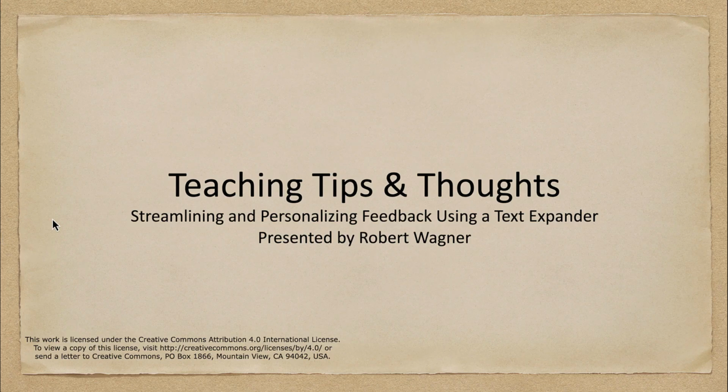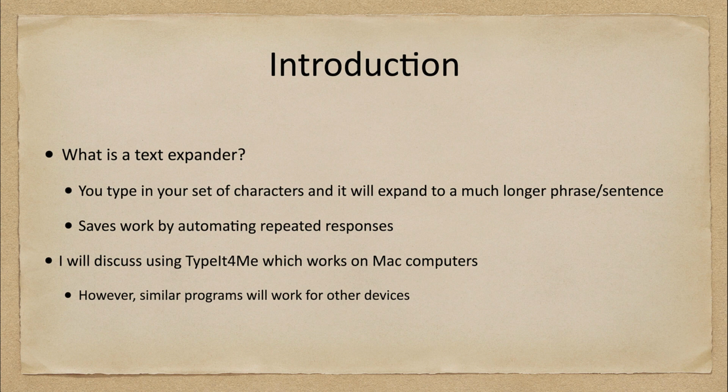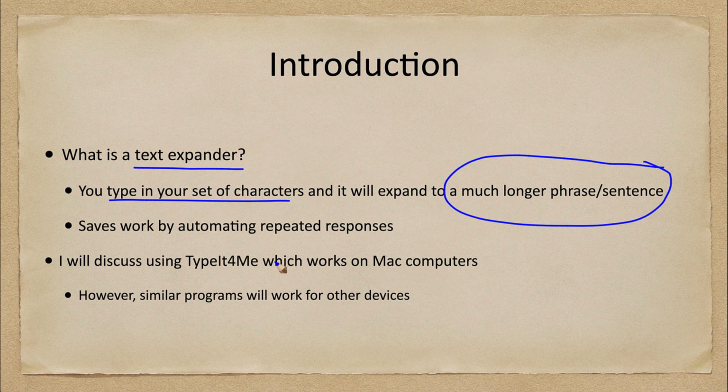In this discussion, I am going to talk about ways of streamlining and personalizing feedback that I do using a text expander. So first of all, what do we mean by a text expander? You're familiar with this in some things. You type in a set of characters and it can expand out to a different phrase or sentence.